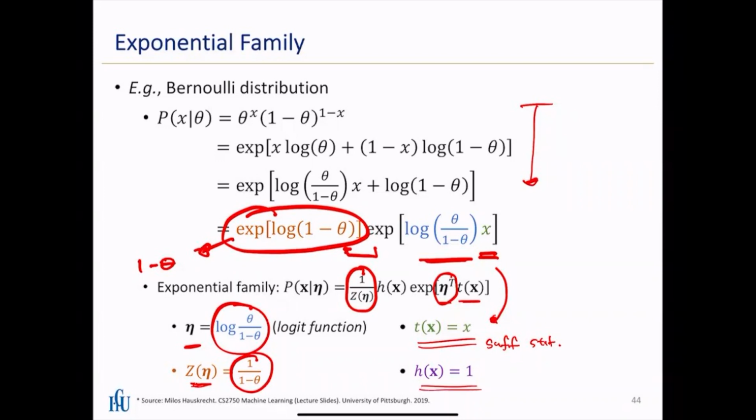And h(x), there is nothing special left, so h(x) is simply 1. So this is one example of how you find that the Bernoulli distribution belongs to the exponential family. We can find out some special meaning behind the natural parameter and sufficient statistic. Let's talk about that in a minute.